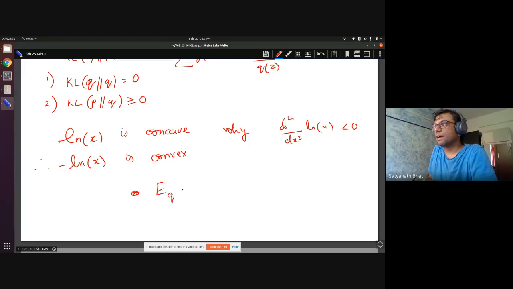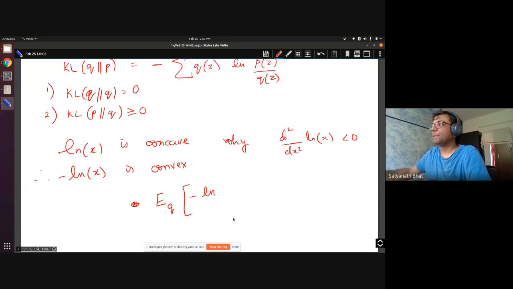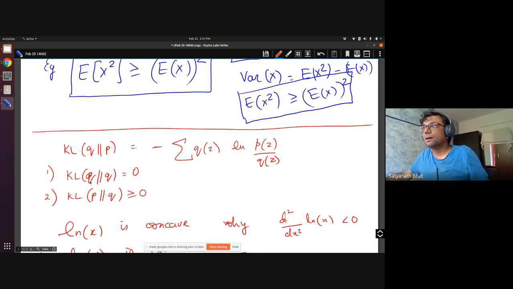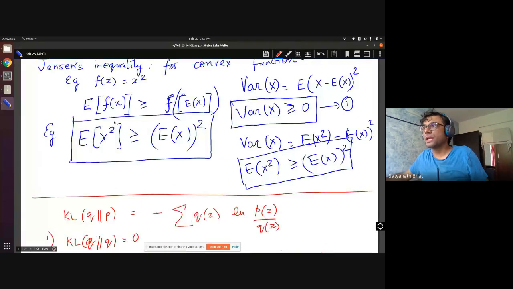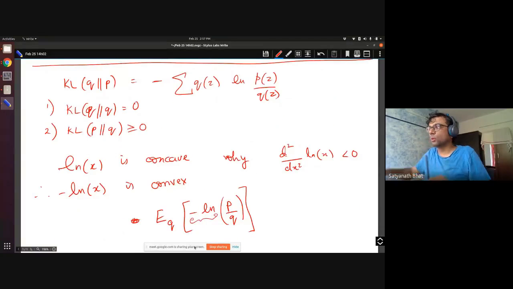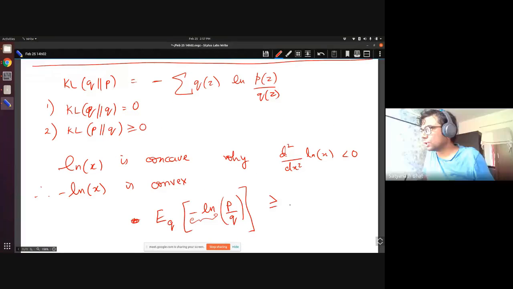This is expected value over Q of minus ln P by Q. Now I know that this is a convex function, so we can pull the function out. Minus ln I will pull out. This is going to be greater than or equal to minus ln of expected value over Q of P by Q.